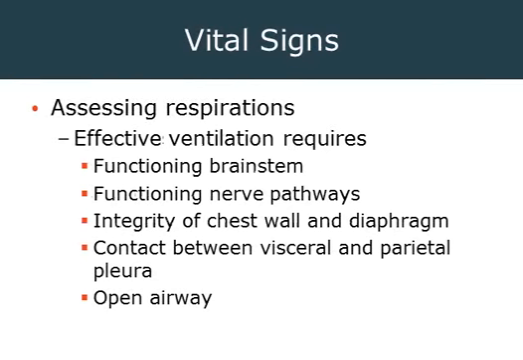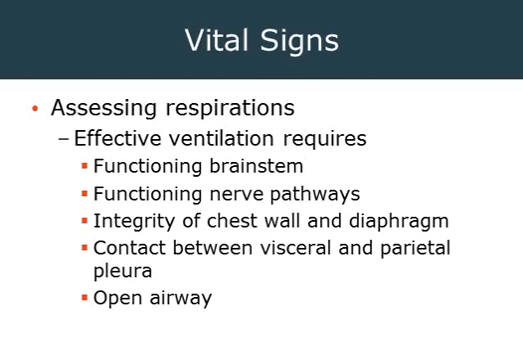For effective ventilation, we need a functioning brainstem and a functioning nerve pathway that feeds the diaphragm and the chest wall. We have to have integrity of the chest wall and the diaphragm, so they are intact and can move in and out, up and down as they're supposed to.